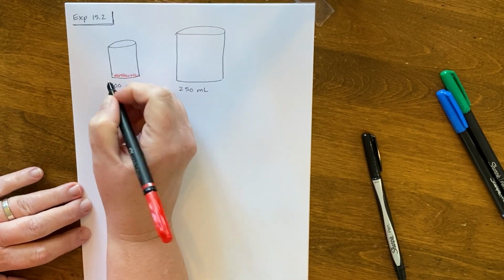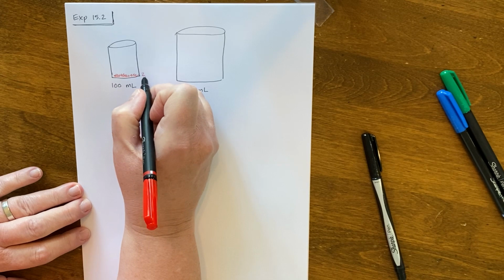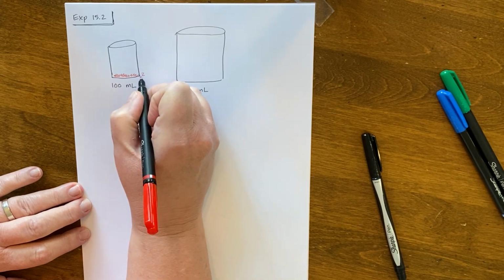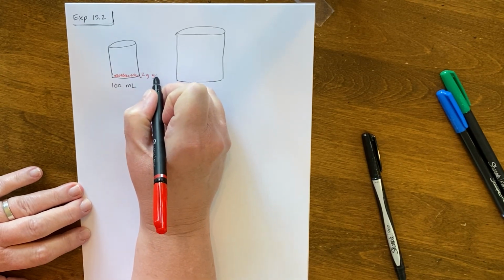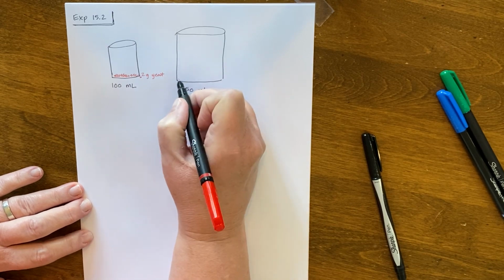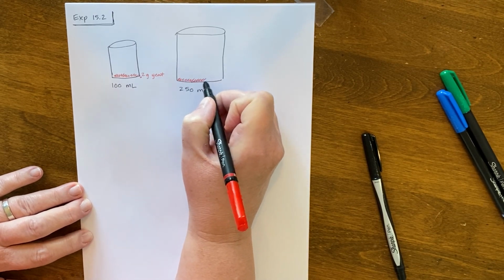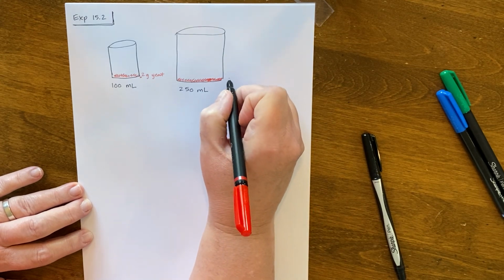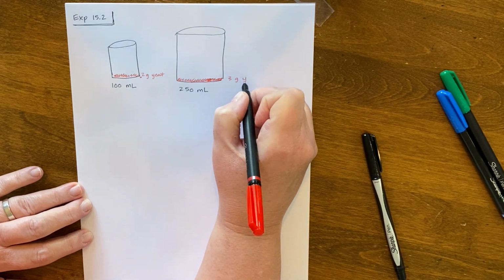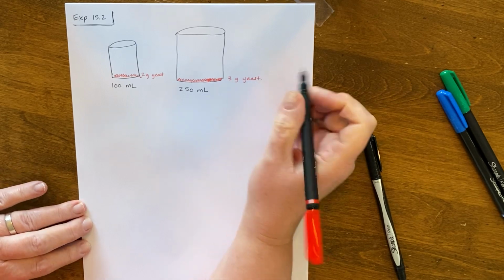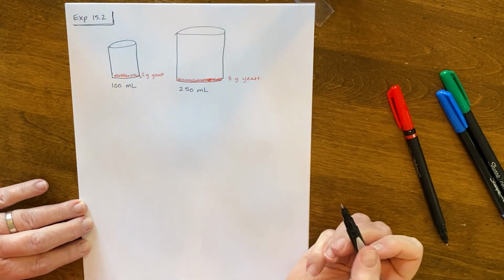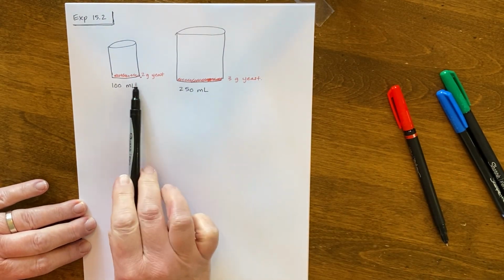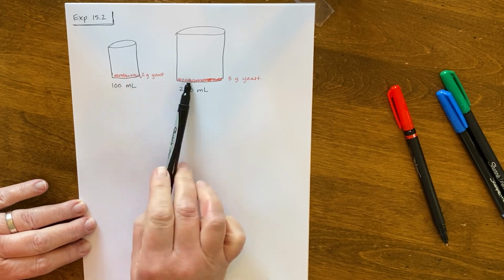And in this one, I'm going to add 0.2 grams of yeast. And in this one, it's a bigger beaker. I'm going to add more yeast. I'm going to add 3 grams of yeast. All right, so now I have 2 beakers, yeast in both of them. Yeast is a solid.